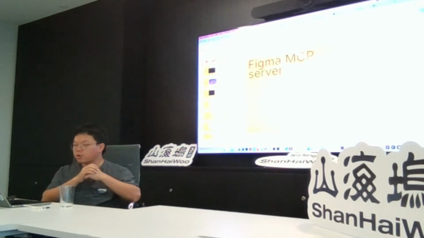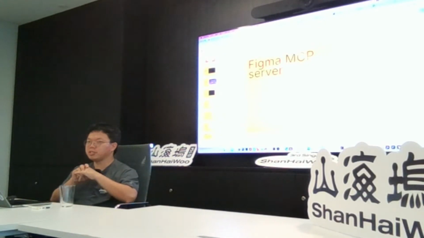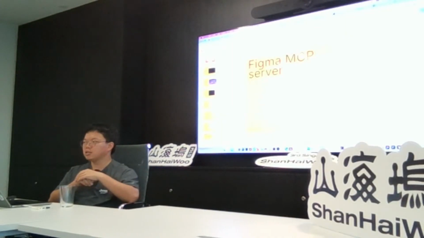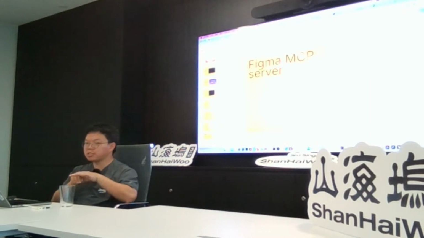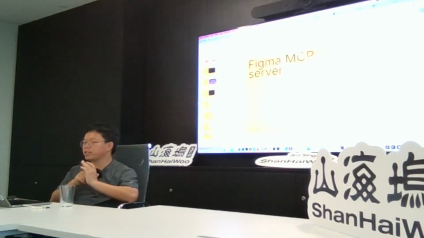And also one of the very important MCP servers is the Figma MCP. There are a bunch of Figma MCP server implementations, and some of them are open sourced, some are developed by Figma. So with this Figma MCP server, you can connect your Figma design documents to your coding agent, so that you can ask your coding agent to implement the design directly.